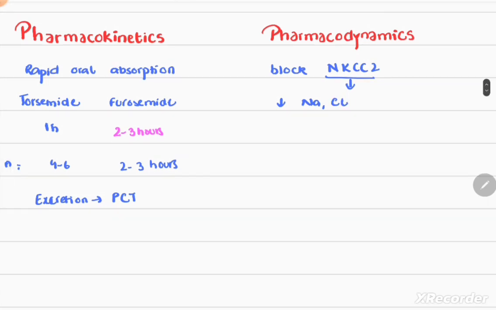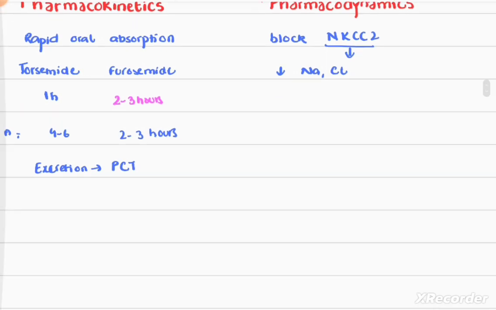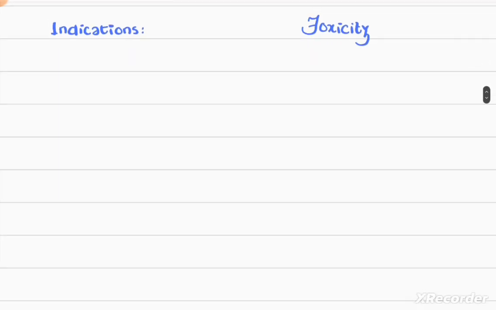Also, there's decreased excretion of potassium and magnesium and calcium and all the ions which we have already discussed. It also diminishes the lumen positive potential, and it also reduces the expression of COX, which basically reduces the efficacy of loop diuretics. The indications of loop diuretics are vast.